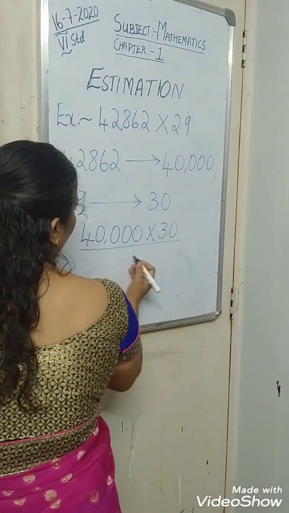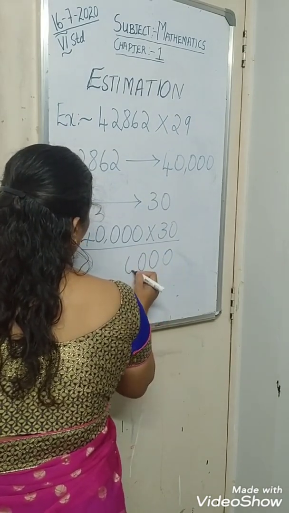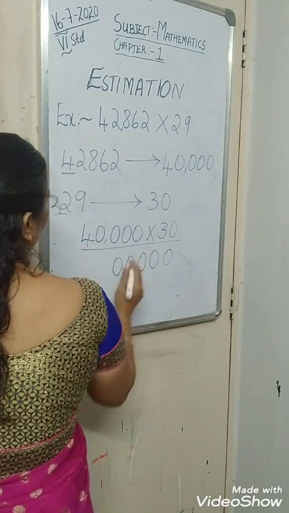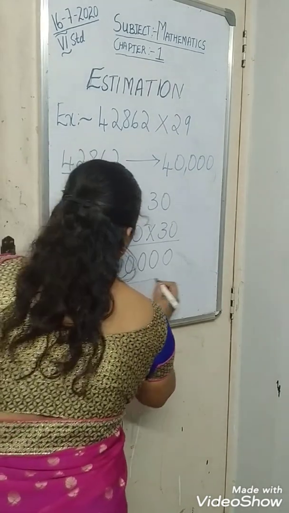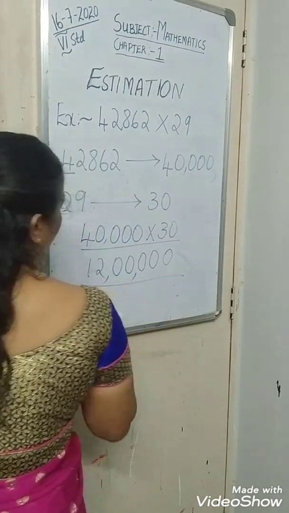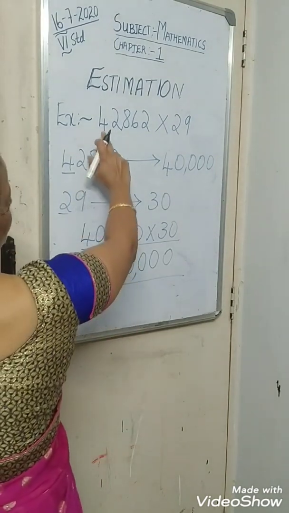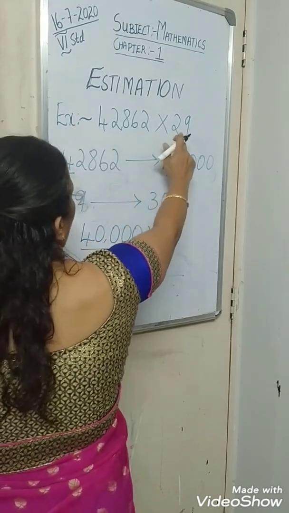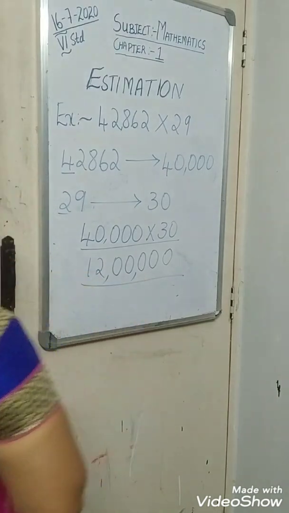So, it is totally 5 zeros. Let us write 5 zeros here. 3, 4, 5 and let us multiply now. 4 into 3, 12. So, the estimated product is 12 lakhs. So, we have estimated 42,862 and 29 and the product is 12 lakhs.